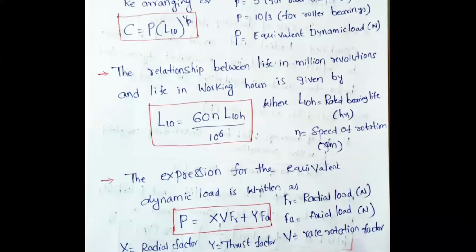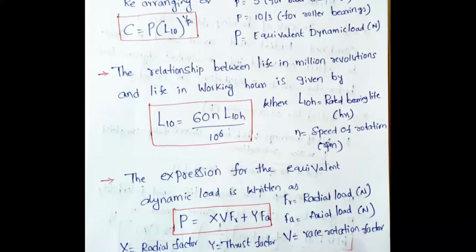No problem. In some other textbooks, in equivalent dynamic load, a service factor is also considered. So P equal to X into V FR plus Y into FA, into service factor. Why they are considering the service factor is because we are having different types of loading conditions.